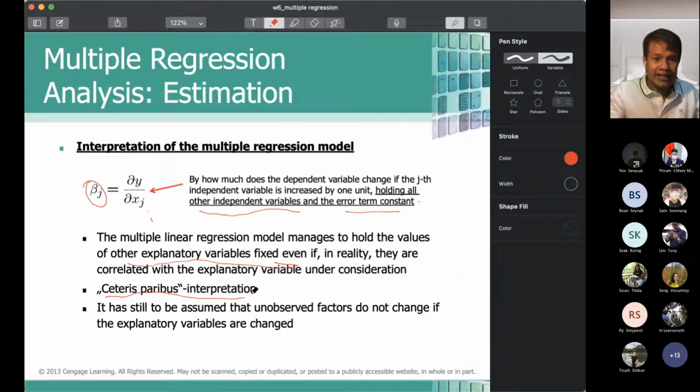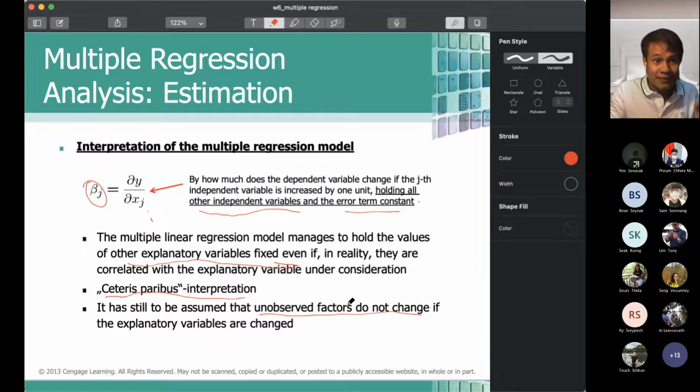All right. So it still has to be assumed that unobserved variables do not change. When you include other explanatory variables into the model, you can say that, but again, unobserved variables do not change. This is something that you need to work on.